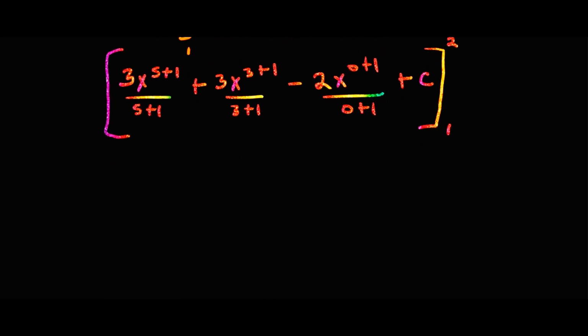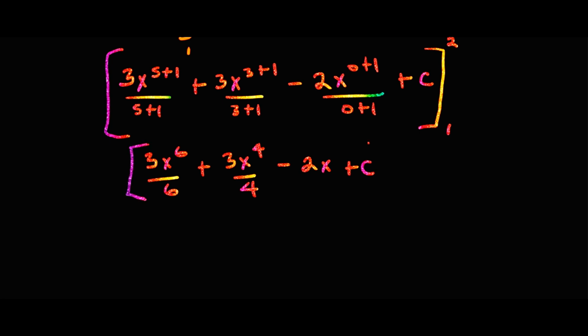When we simplify this, we're going to find that this is 3x^6 over 6 plus 3x^4 over 4 minus 2x over 1 plus c. So again, we indicate the limits of integration, that is from 1 to 2.